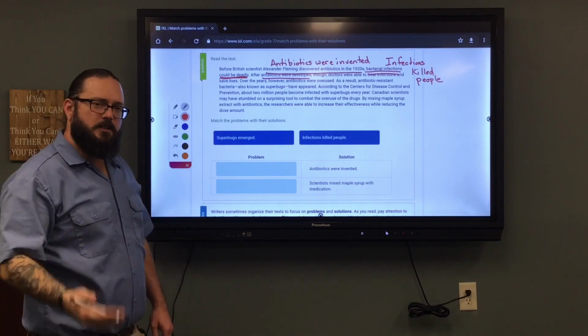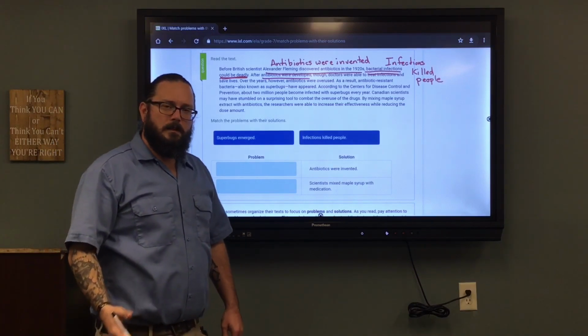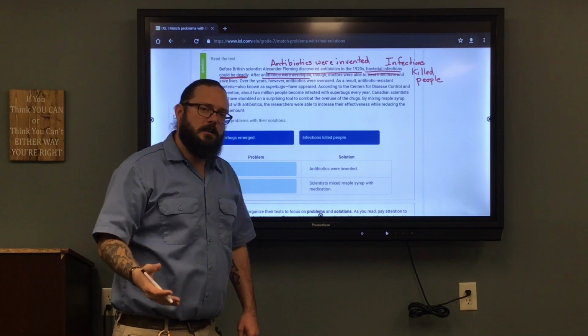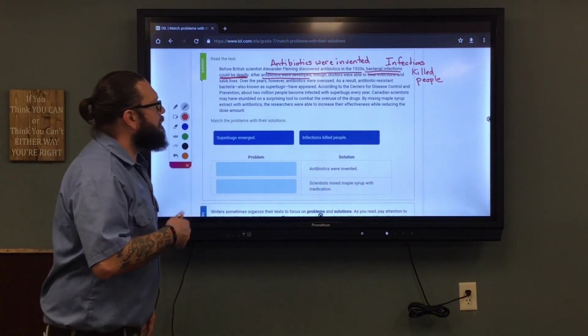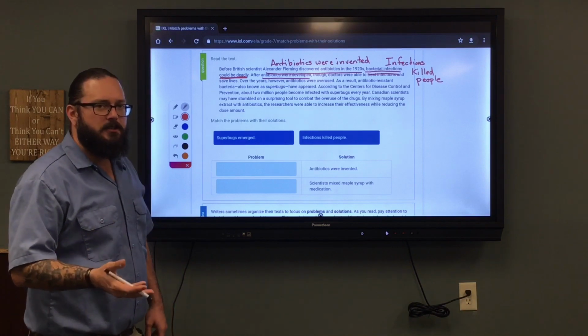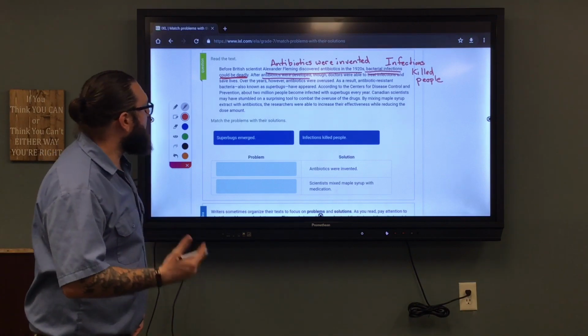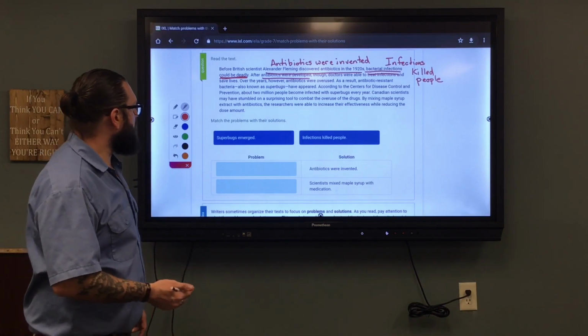So since infections were killing people, the solution was antibiotics. Alexander Fleming discovered antibiotics and found that they could combat infections and prevent people from dying due to an infection.